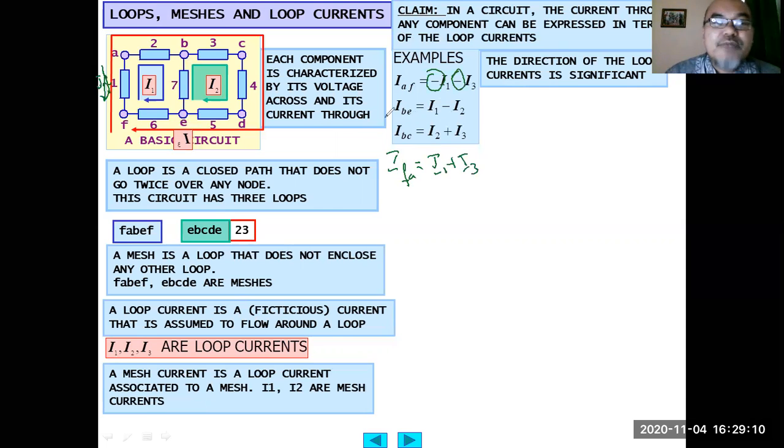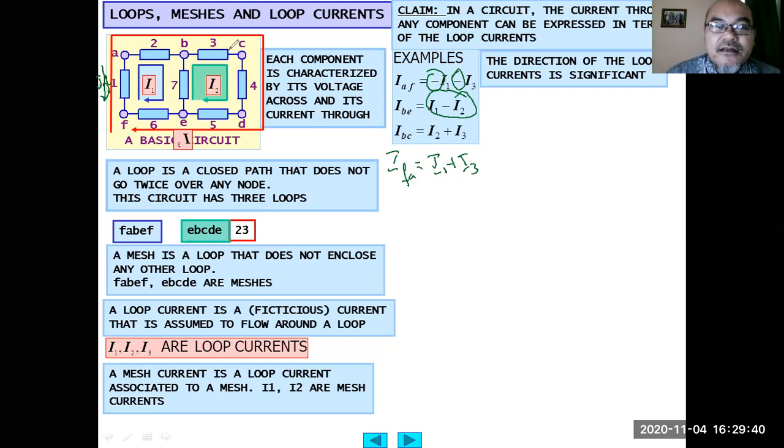Second is IBE, from B to E. The contribution from I1 is positive because I1 also flows from B to E in the loop FABEF. The contribution to IBE from I2 will be negative because I2 flows from E, B, C, D, E. That's why IBE equals I1 minus I2.